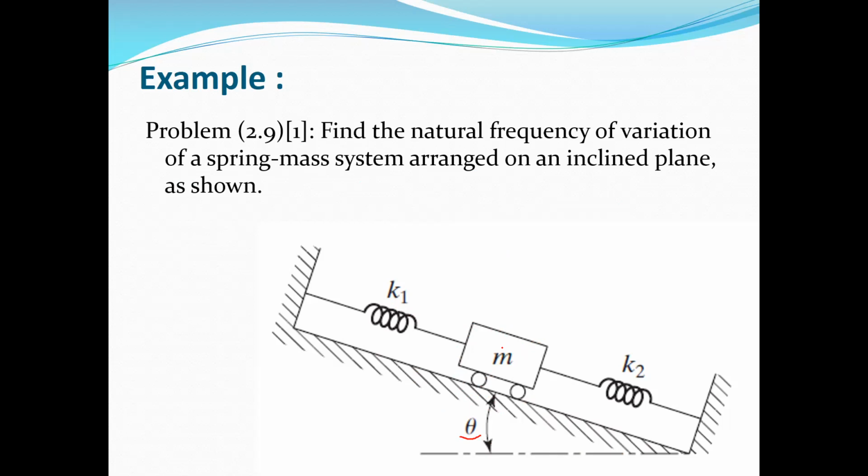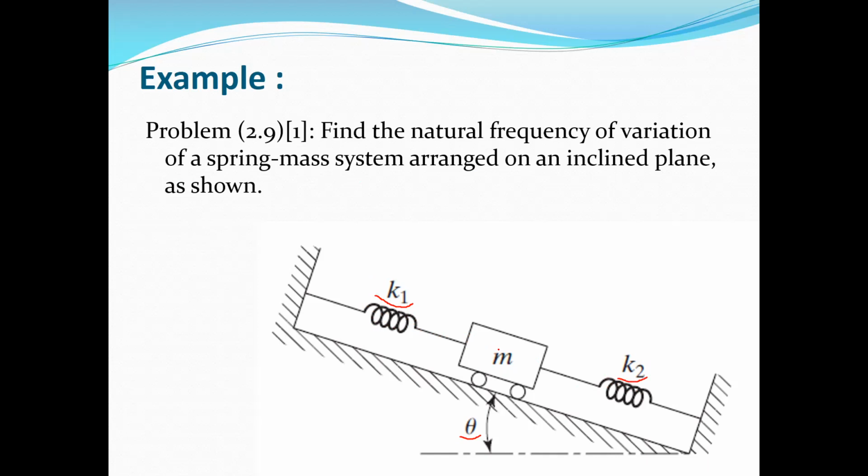Due to the weight of this mass, the spring K2 will be under pressure and compressed, so we will have some initial reduction in the length of spring K2. The spring K1 will be pulled due to this weight, and we will have some initial elongation for spring K1 because of this mass m.